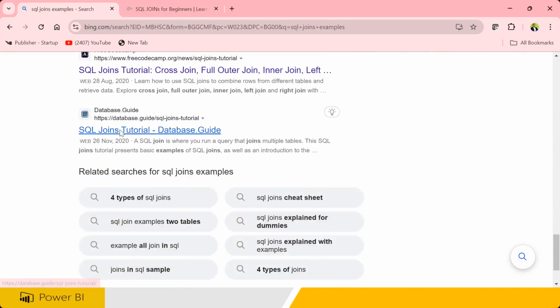You can just Google it, you will be able to find those diagrams and everything.